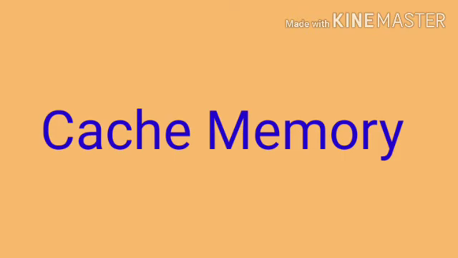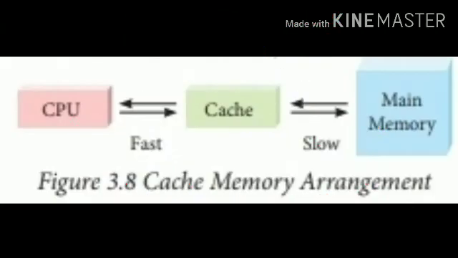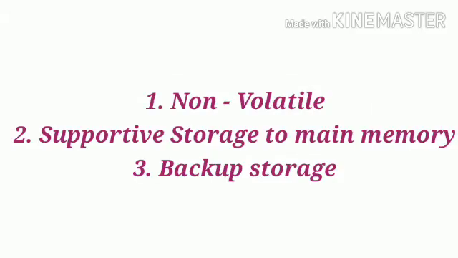Next concept is cache memory. It is a very high speed and expensive memory. So in CPU we use a smaller size of cache memory compared to main memory. Okay, it is placed in between the CPU and main memory. The next concept is secondary storage devices, which is otherwise called backup storage.